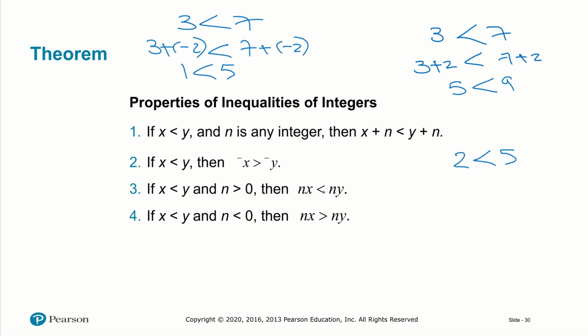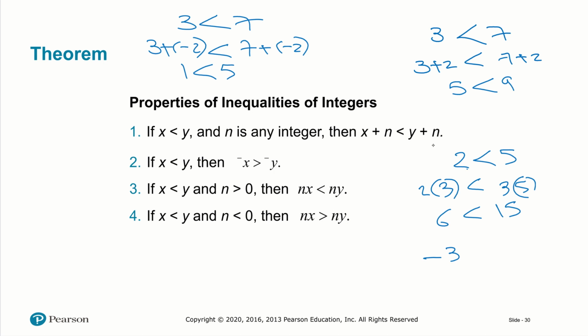In other words, if I just multiply both sides of this inequality, 2 is less than 5, by 3, then there is no need to change the direction of the inequality because it still stays true. So 6 is obviously less than 15.